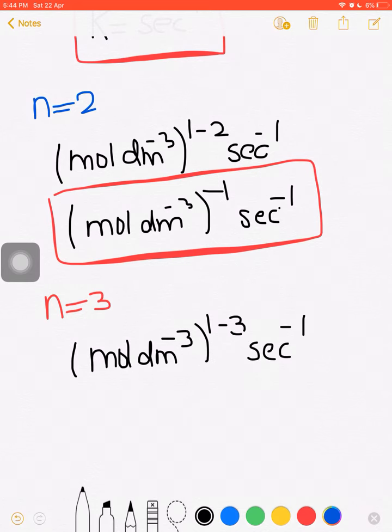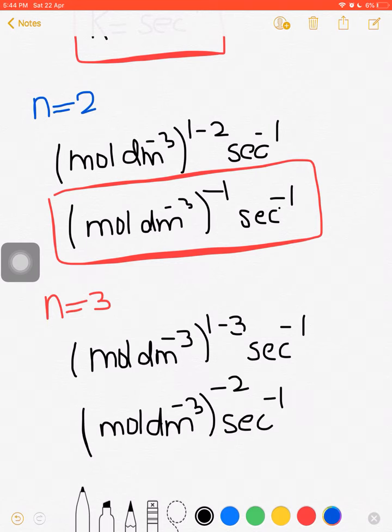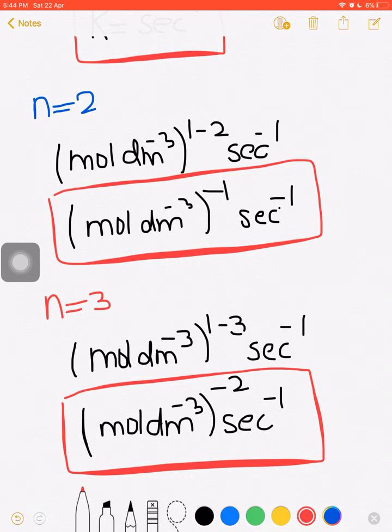Now 1 minus 3 is minus 2, so mole dm cube to the power minus 2, second inverse. This will be the unit, right?